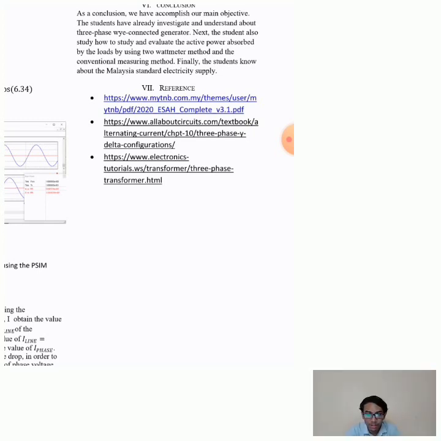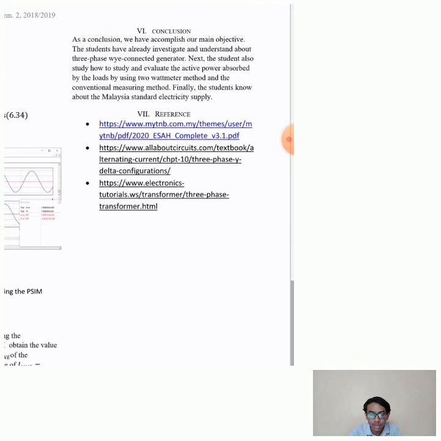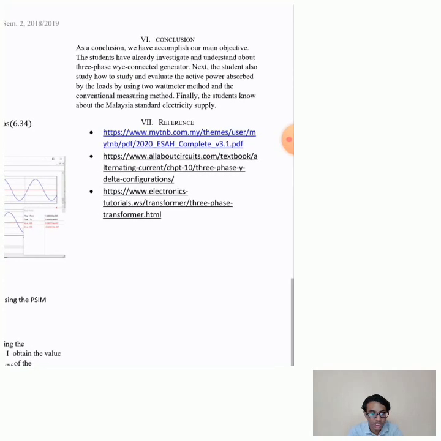For the Malaysian standard electricity supply, the student will know the exact value for a certain V line to line, which means the student will also understand the information that needs to be fulfilled in order to get the perfect system that we want.